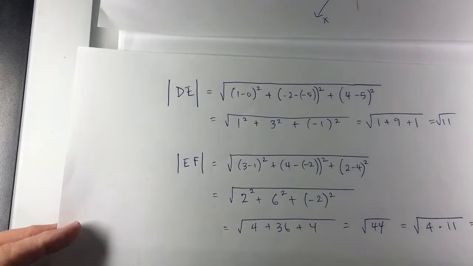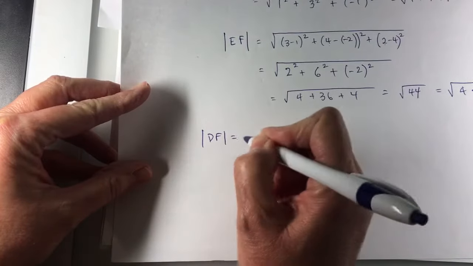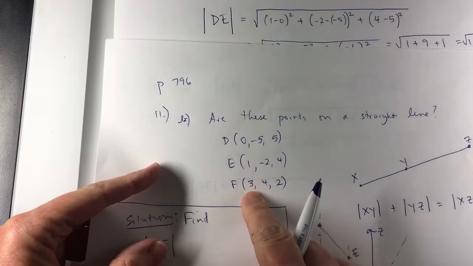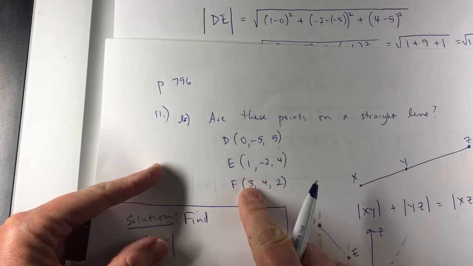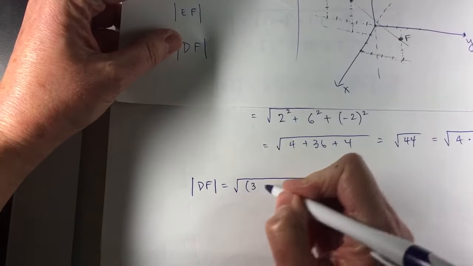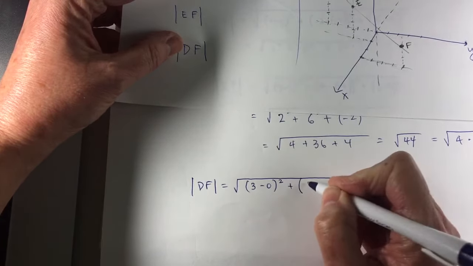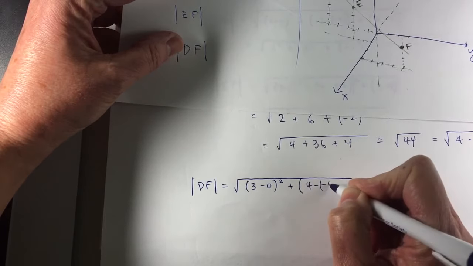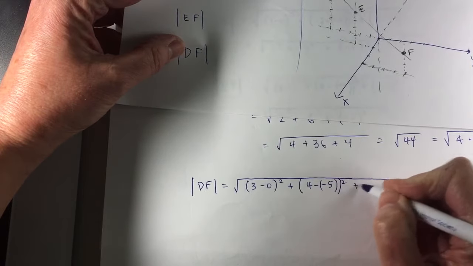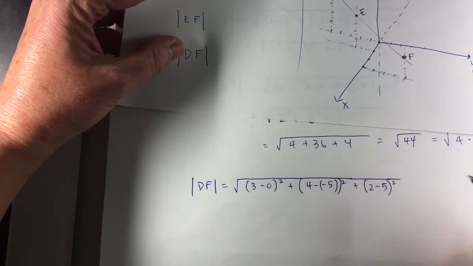Now let's find the distance from D to F. The distance from D to F is the square root. I will go with the coordinates from F minus D. So open parentheses, 3 minus 0, that quantity squared, plus 4 minus -5, that quantity squared, and then plus the z's, 2 minus 5, that quantity squared.